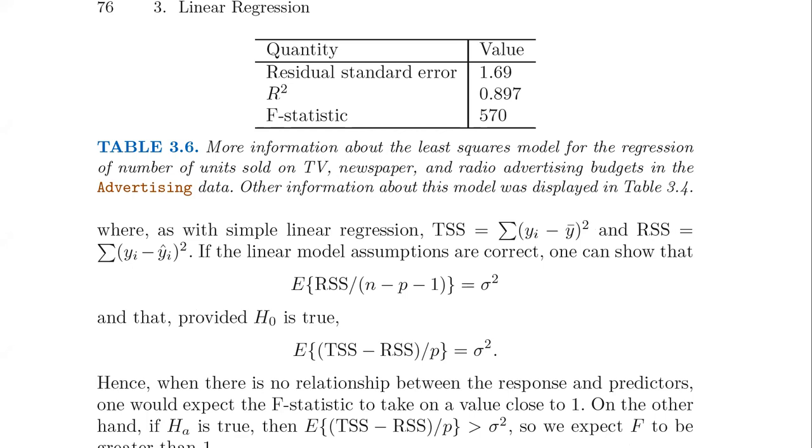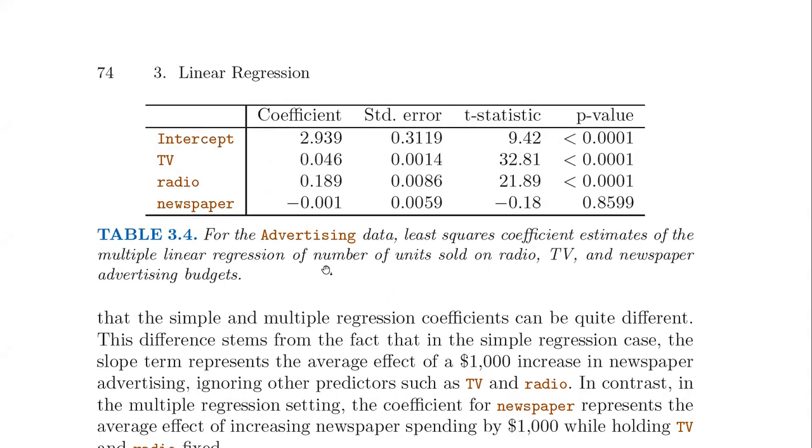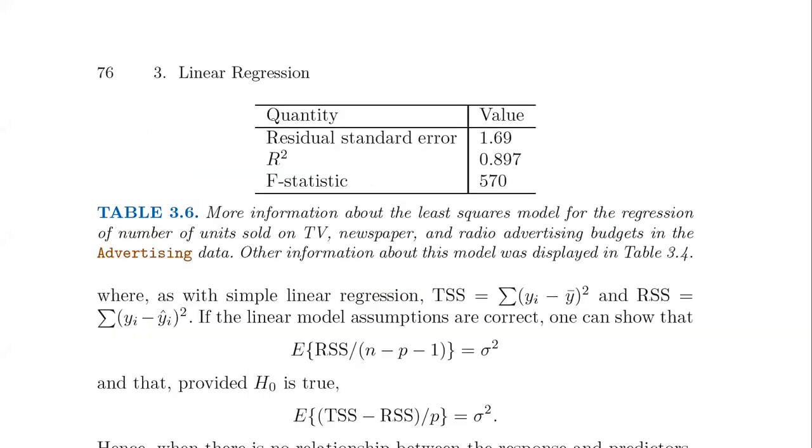Other information about this model was displayed. That's when I think we estimated the betas, right? In table 3.4, which was these over here. So these are the individual coefficients. It really gets interesting when you do this in R, but the theory is quite important. So what do we get?